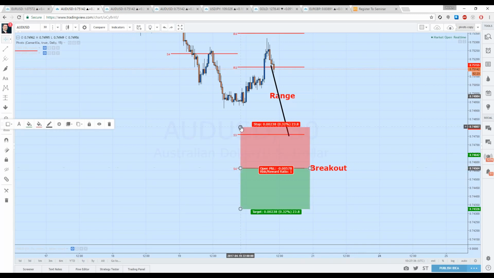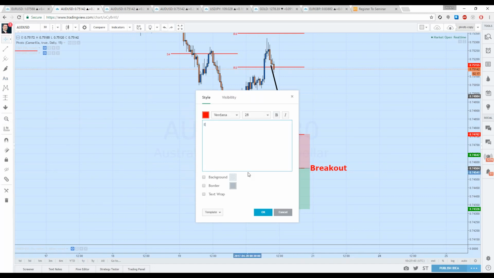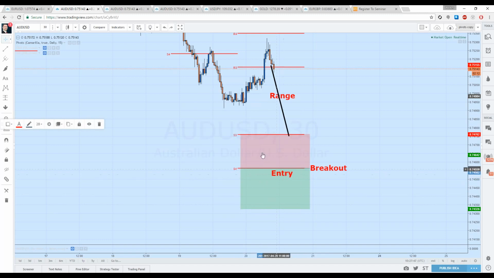Traders may again set entries beneath S4 to enter the market.